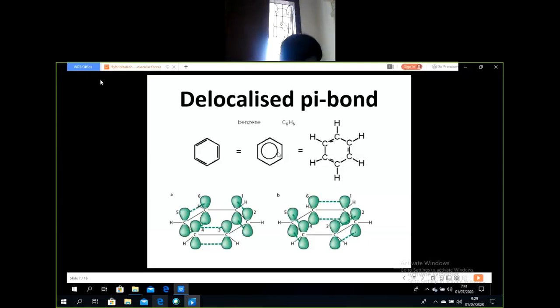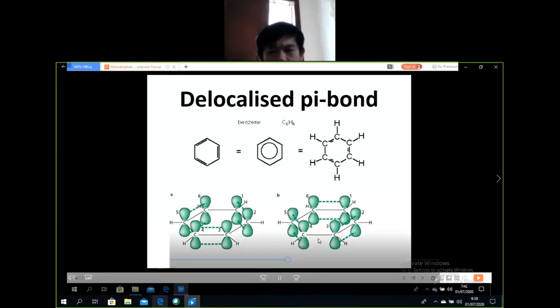And then the shape, this one is planar. So look at this one. This is the double bond. This is a double bond. This is a double bond, which is the same as this one. Is there any difference in the number of carbon atoms or the number of hydrogen atoms? Of course not.